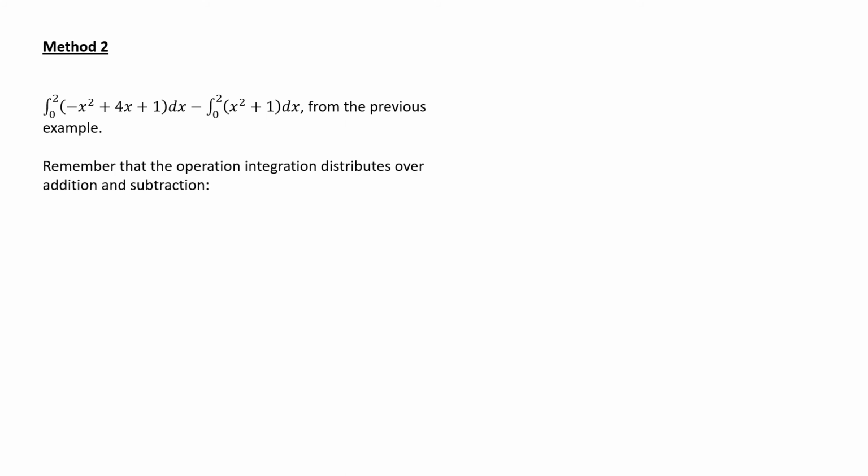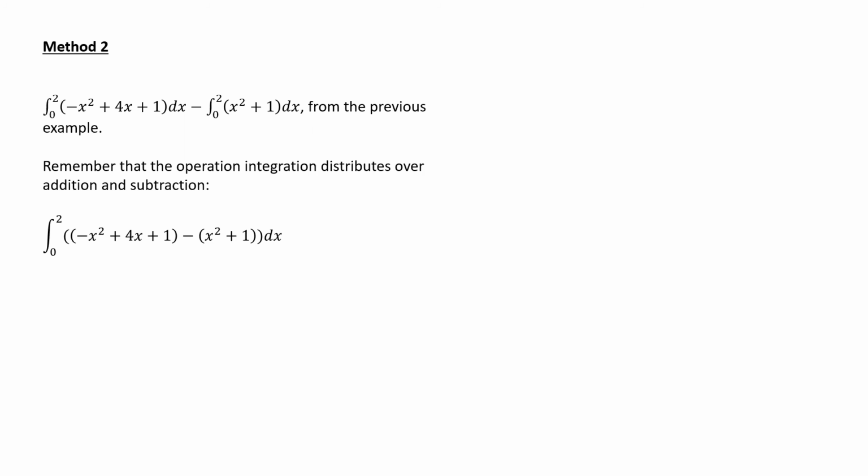It's worth remembering that the operation integration, and it is a mathematical operation, distributes over addition and subtraction. So we've always used the fact that the integral of ax plus b is the integral of ax plus the integral of b, so we distribute that quite happily, so we can spread it over just to make our life easier.